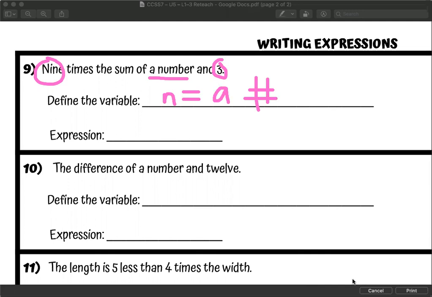And then highlighting my keywords. Times tells me multiplication, sum tells me addition. So my two operations are multiplication and addition. So we are doing 9 times the sum. So 9 times, in parentheses, the sum of our unknown number and 3.